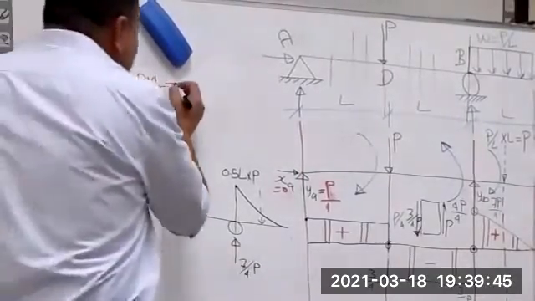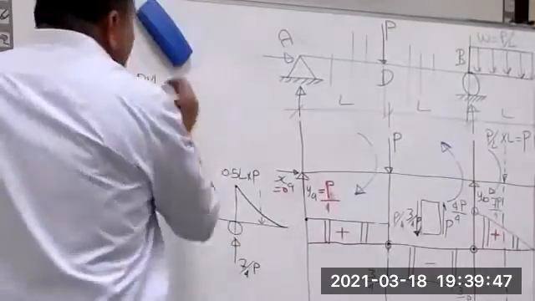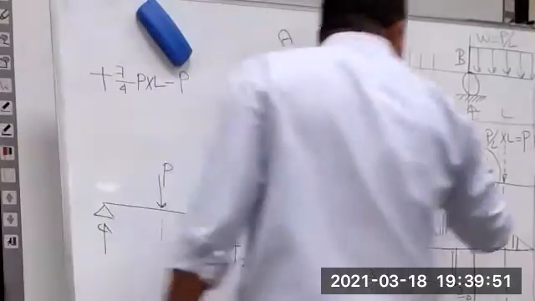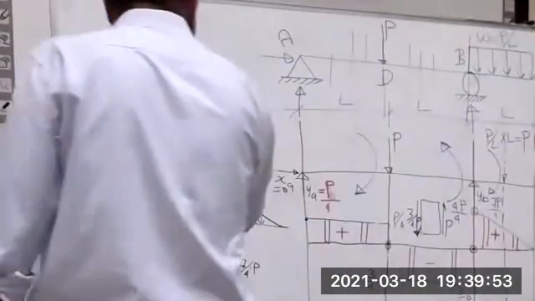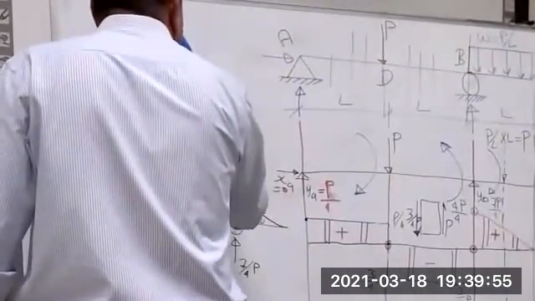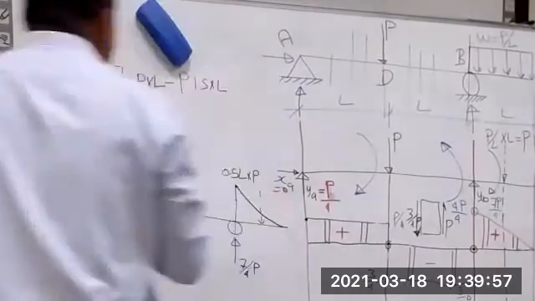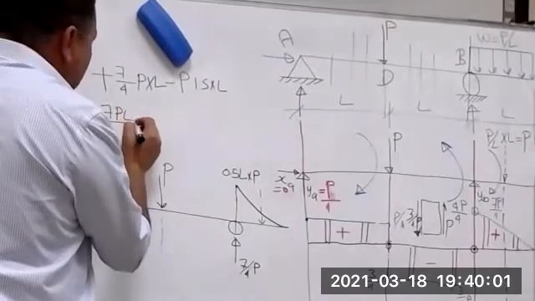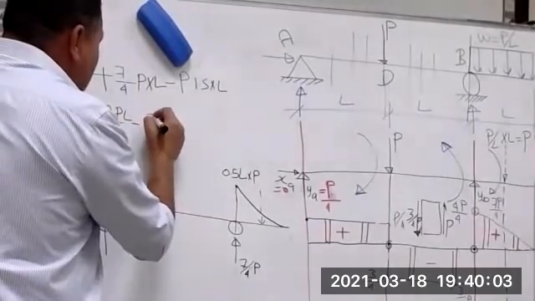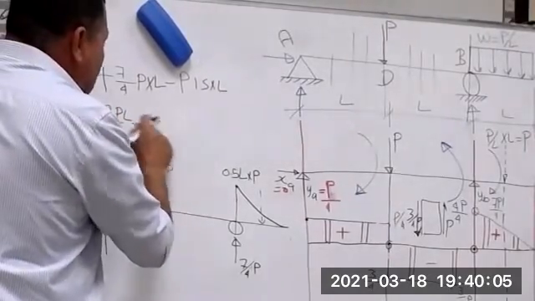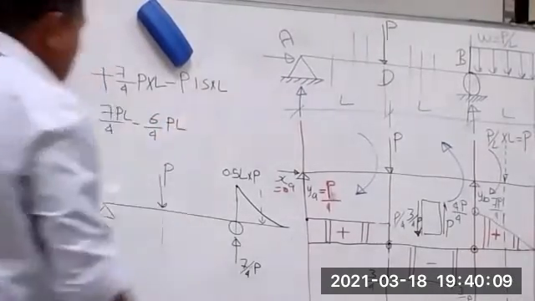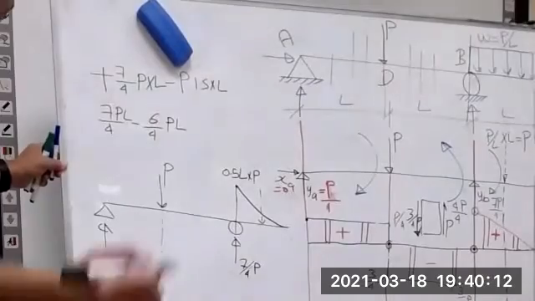Minus LB multiplied by 1.5 L. Now 7 over 4 BL minus 6 over 4 BL. Correct?